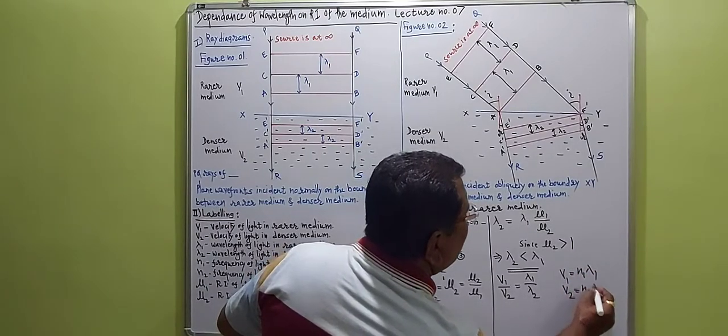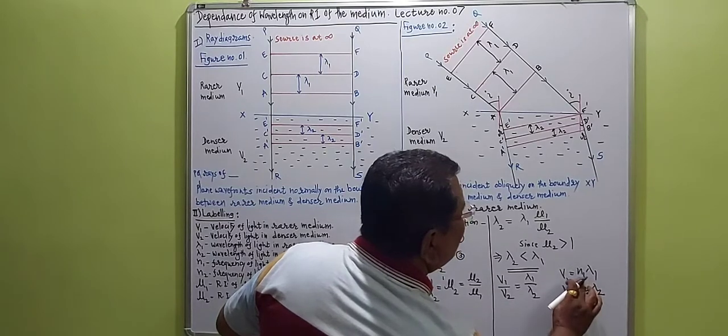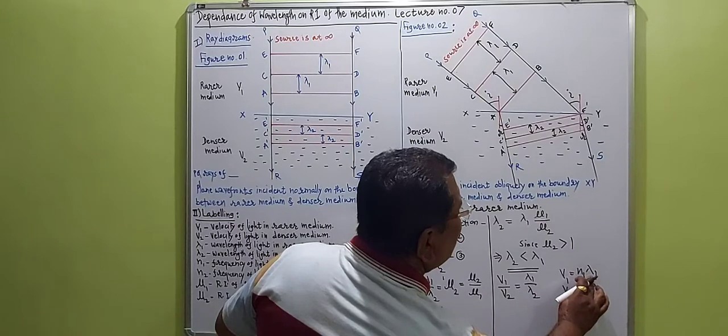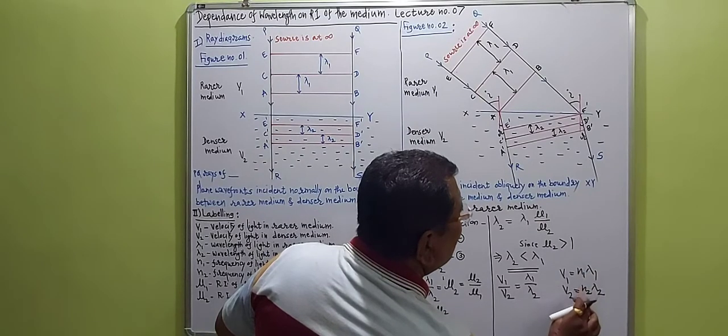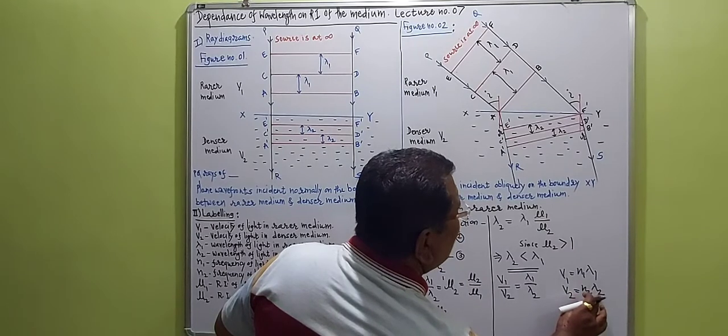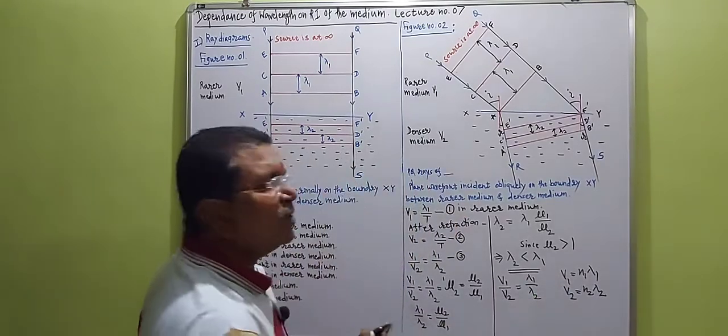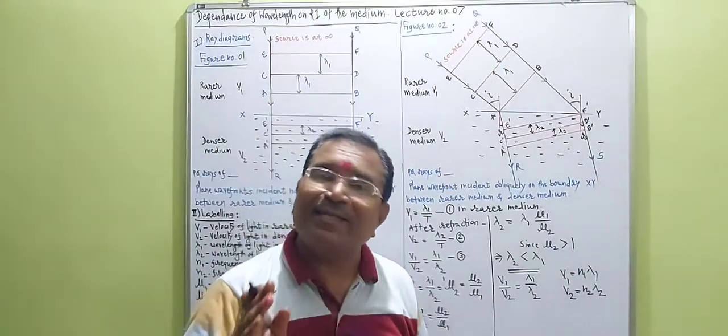V2 is equal to N2 lambda 2. N1 is the frequency of light in rarer medium and lambda 1 is the wavelength of light in rarer medium. N2 is the frequency of light in denser medium and lambda 2 is the wavelength of light in denser medium. V1 is the velocity of light in rarer medium. V2 is the velocity of light in denser medium.